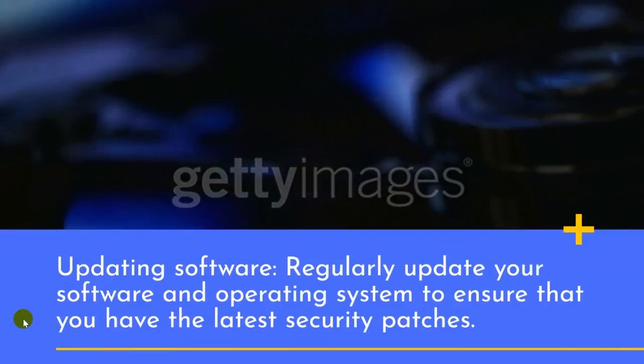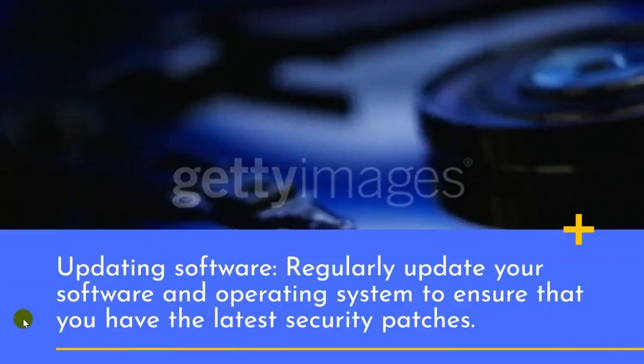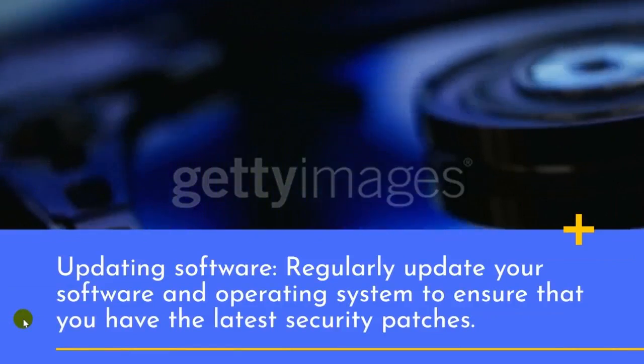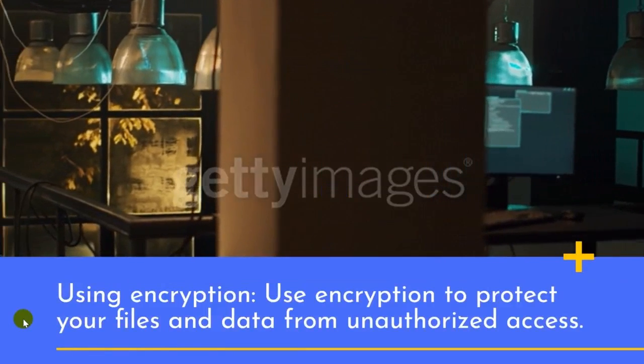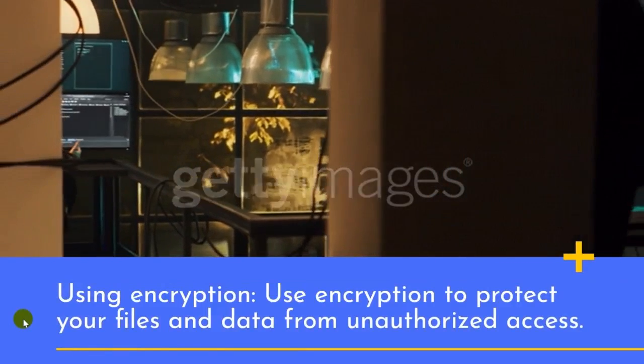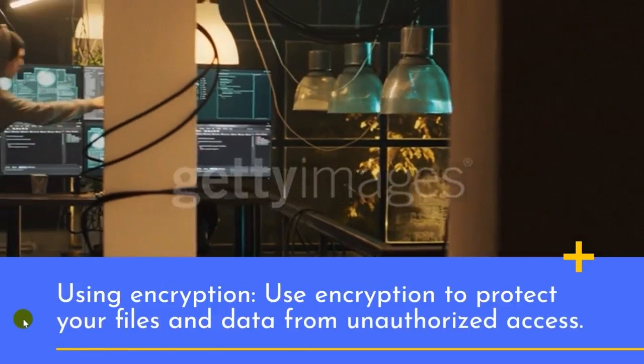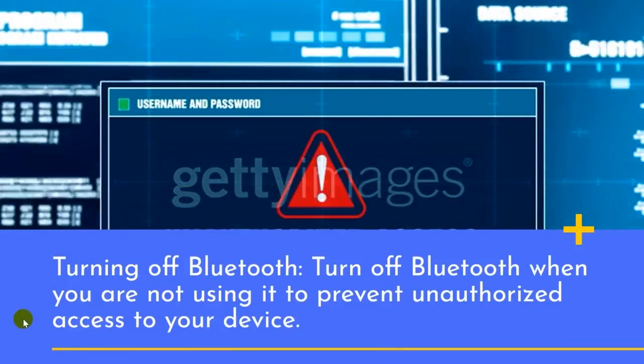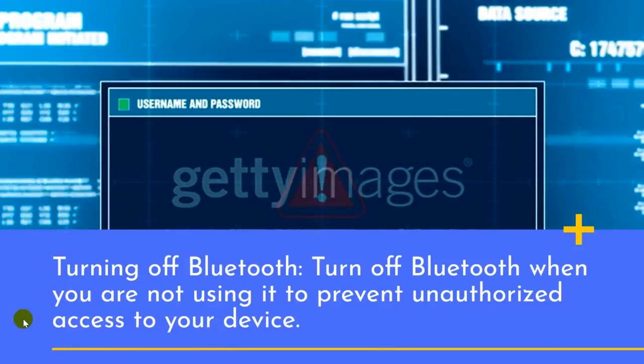Updating software. Regularly update your software and operating system to ensure that you have the latest security patches. Using encryption. Use encryption to protect your files and data from unauthorized access. Turning off Bluetooth. Turn off Bluetooth when you are not using it to prevent unauthorized access to your device.